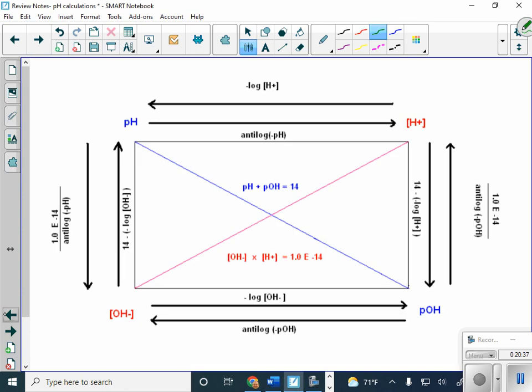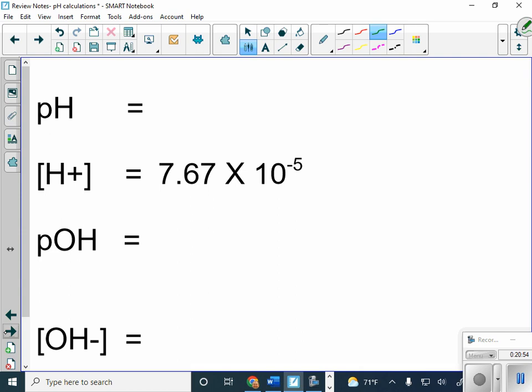When I come back to my square, I'm right here at the hydrogen ion concentration. I want to first go to the pH. So here's what I'm going to use: the negative log of the hydrogen ion concentration. So my pH is equal to the negative log of the hydrogen ion concentration.